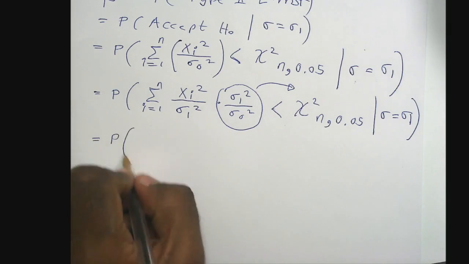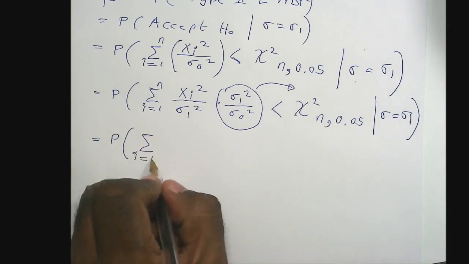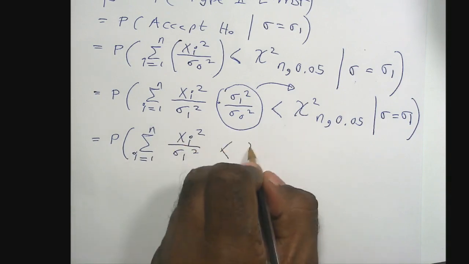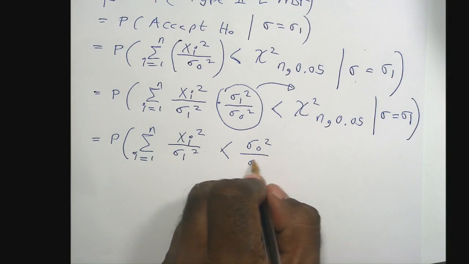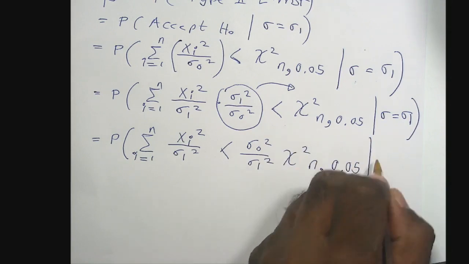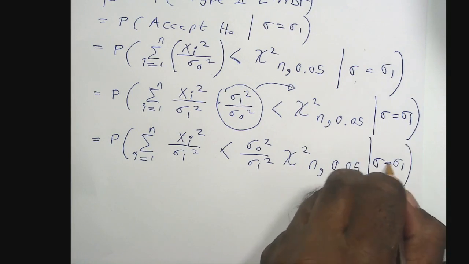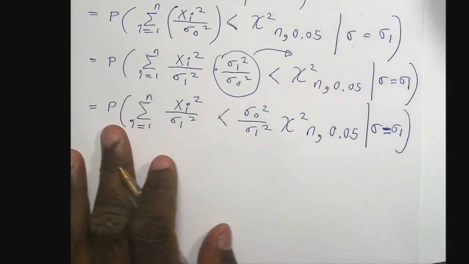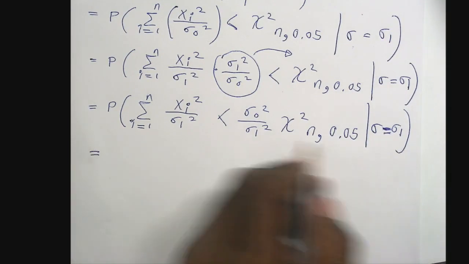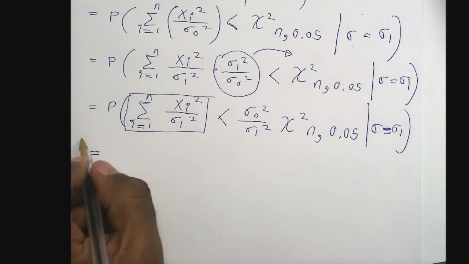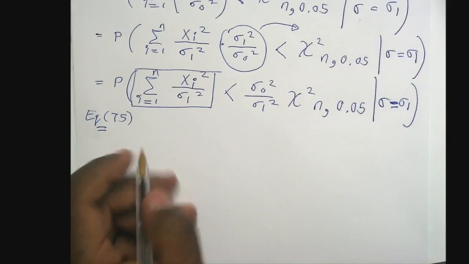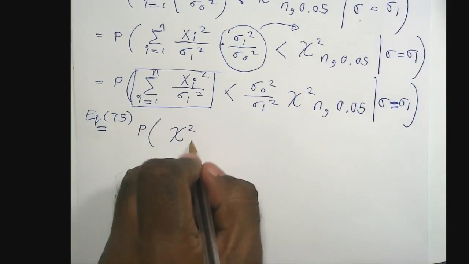So this will become, okay, and in the next step, because we are conditioning on sigma being equal to sigma 1, this guy here, by once again referring to equation 75, must have the chi-square distribution with n degrees of freedom.